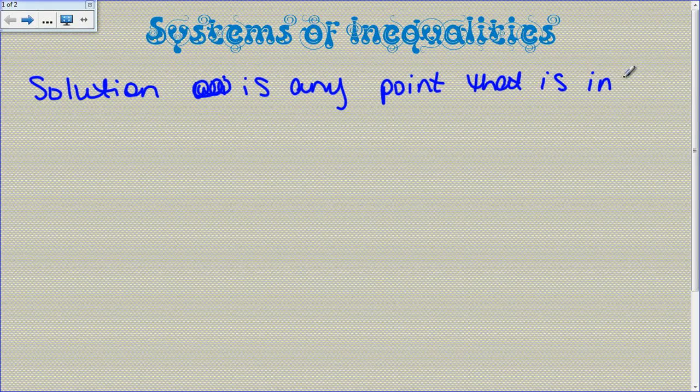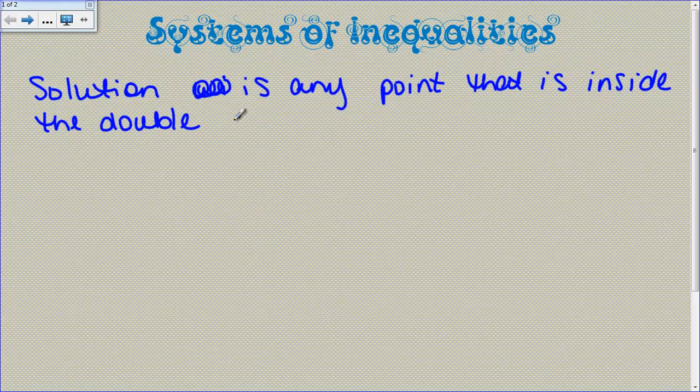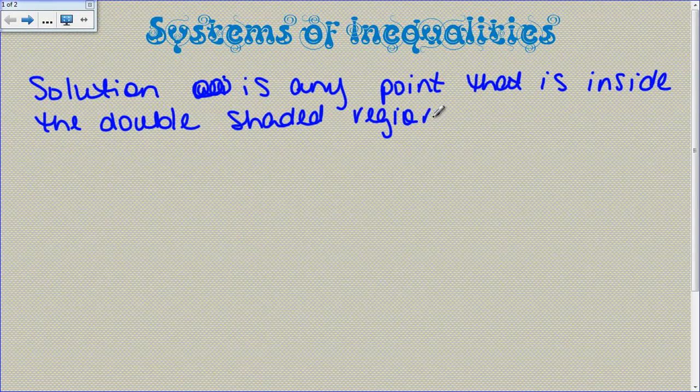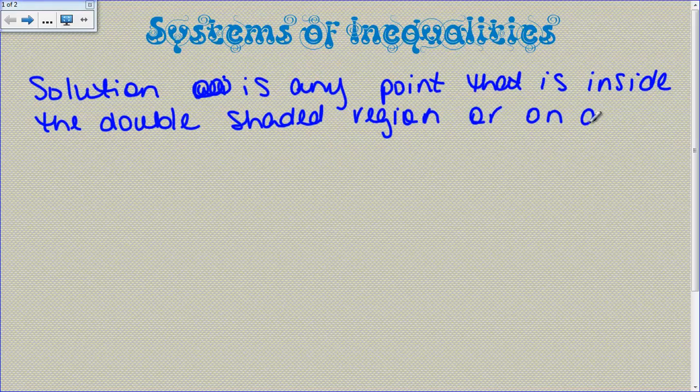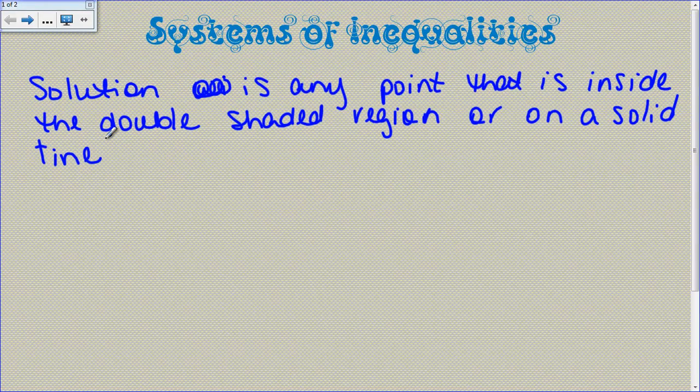When we graph one in just a minute, you'll see what I'm talking about. But a solution is any point that is inside the double shaded region, or on a solid line. So if it's in the double shaded region, it's good. If it's on a solid line, then it's also part of the solution.